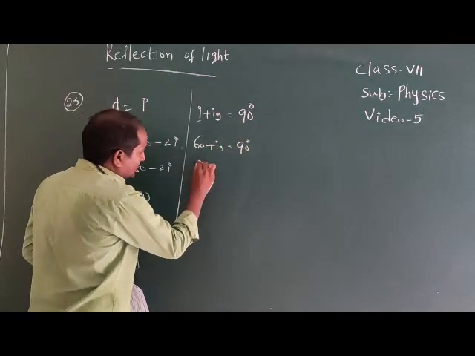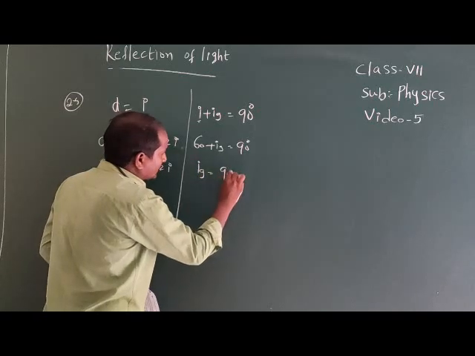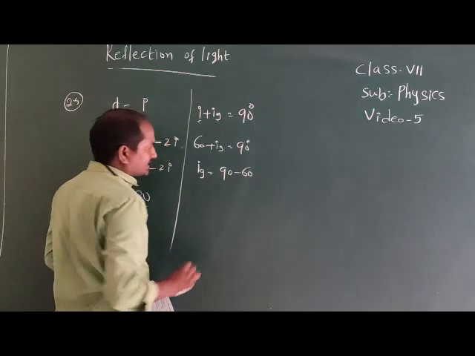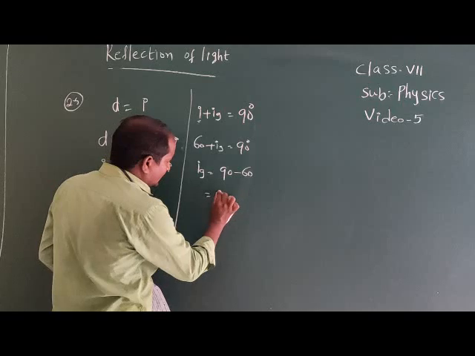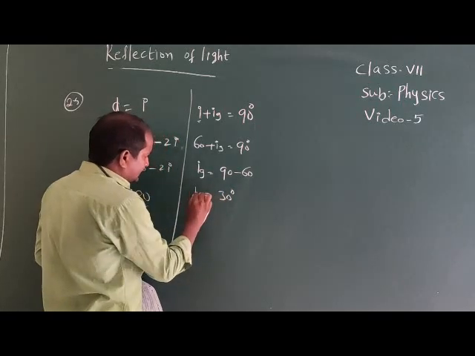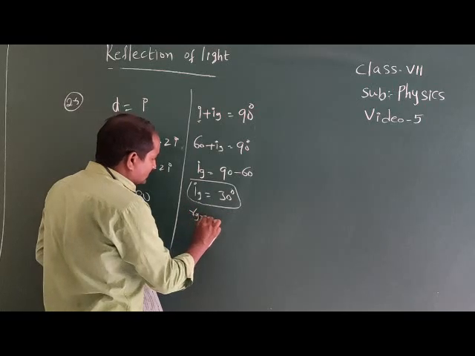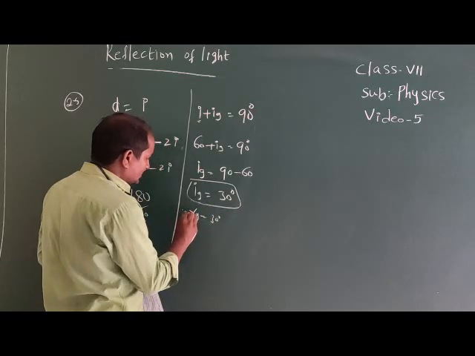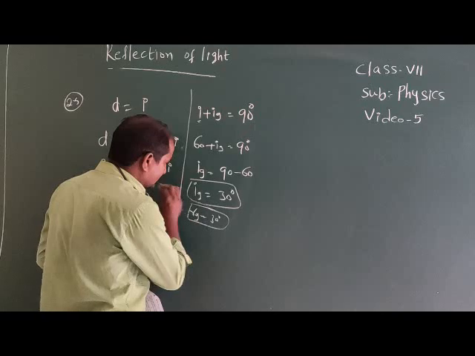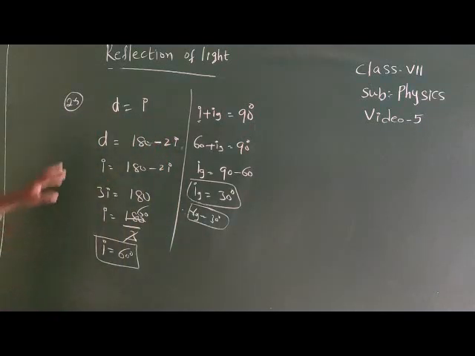Therefore i' equals 90 minus 60, that equals 30 degrees. So i' is equal to 30, therefore r' is also 30 degrees. Now listen here, the angle of deviation equals the angle of incidence, both are equal.